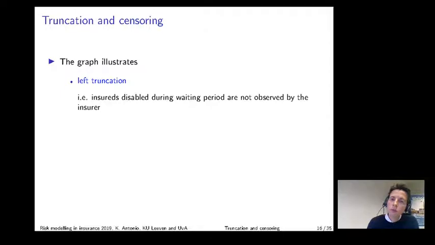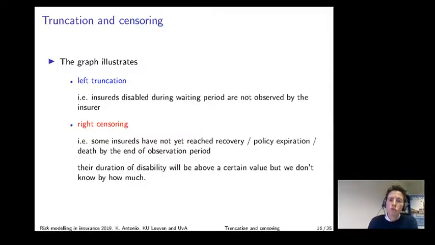Right censoring, on the other hand, refers to the situation where some insureds have not yet reached recovery, policy expiration, or death by the end of the observation period. So their duration of disability will be above a certain value, but we don't know by how much.